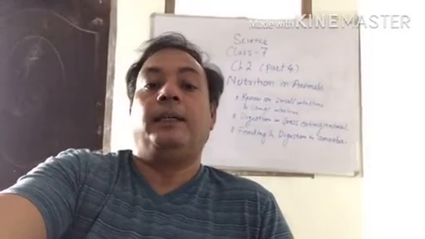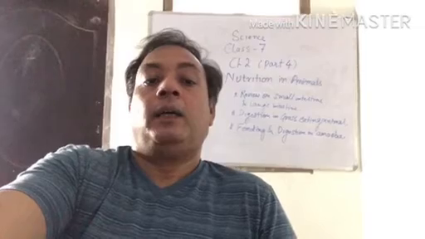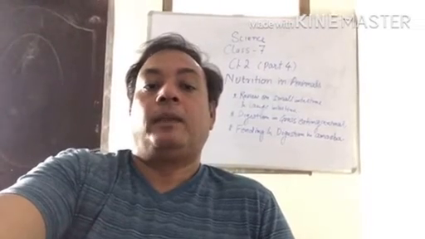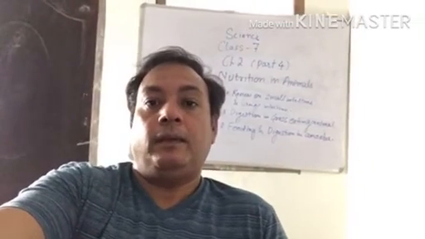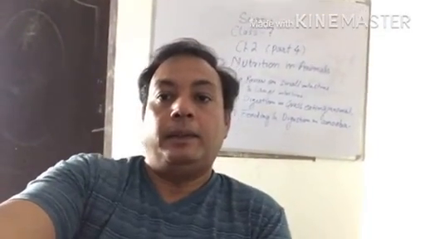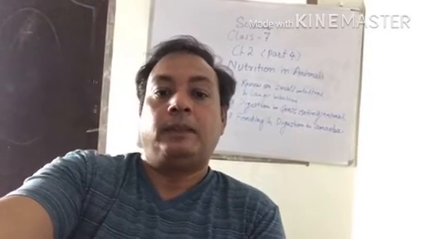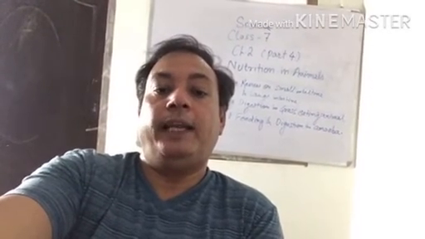So the rumen is a storage of half chewed grass. Here the food is partially digested. This partially digested food is called cud.